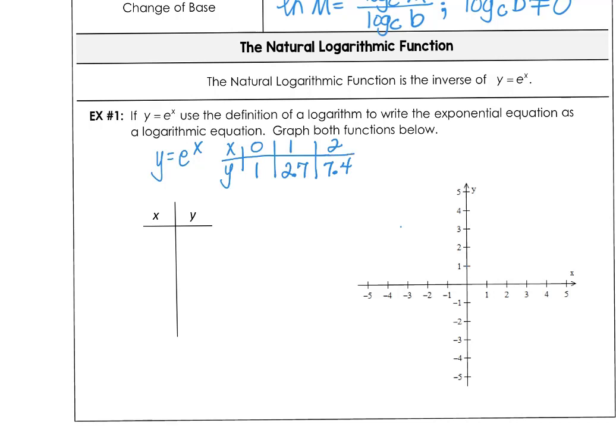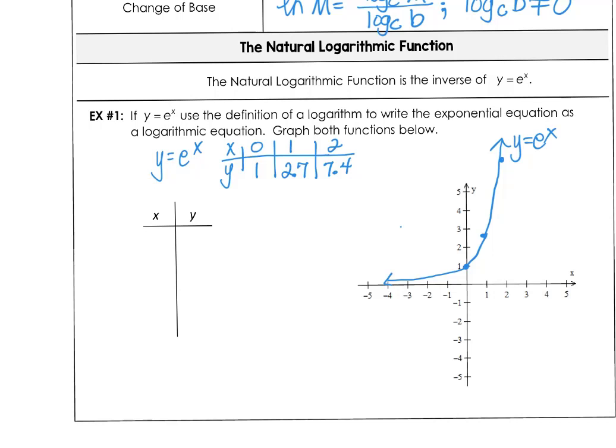So graphing that over here on our graph, (0, 1), and (1, 2.7), and then 2 is 7.4, so it's up here somewhere. We have that exponential growth, y equals e to the x, looking something like that.